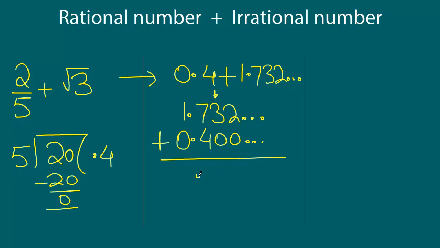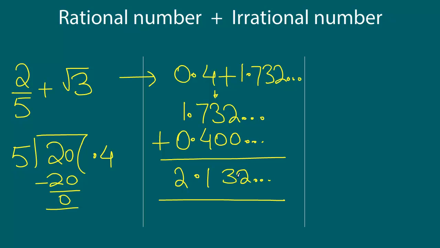So let's write the decimal point here. From the second decimal place onwards, it will be 3, 2, and so on and so forth, because here we have zeros. And then the first decimal place will be 7 plus 4, 11. So 1 carry over, so 1 plus 1, 2. So this addition will result in something like this.